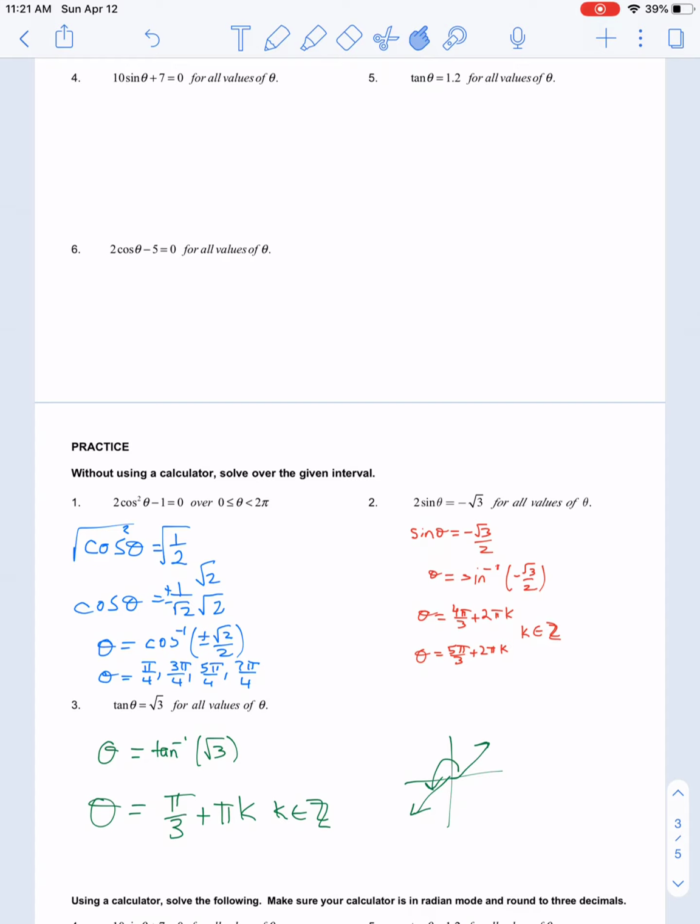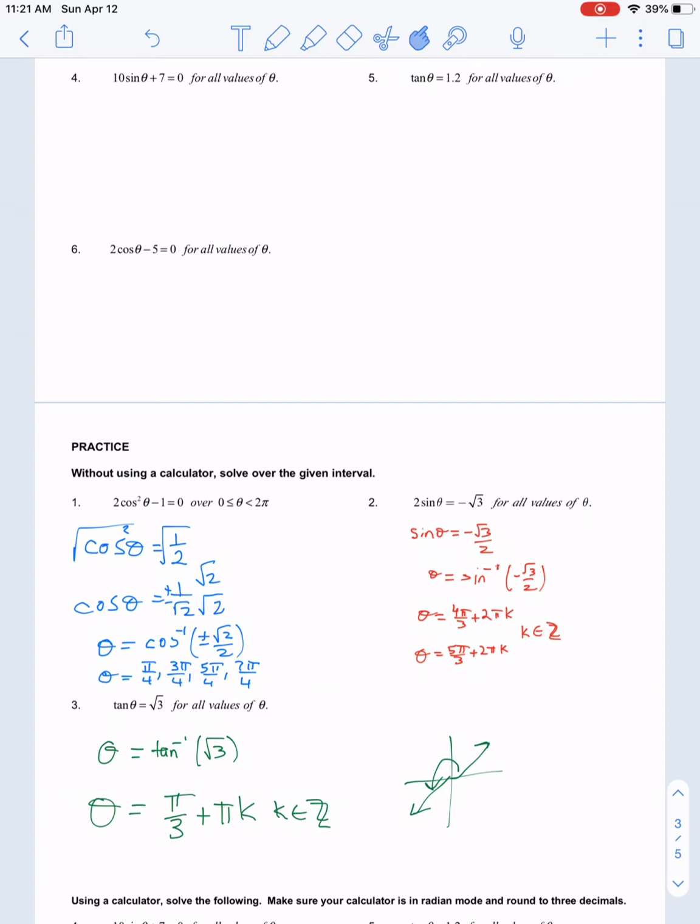In problem 1, something to remember, that's a squared value, so when I take the square root of each side, I do have to account for the positive and negative. So I wrote down all angles, or when I'm solving, that have a cosine of root 2 over 2, both positive and negative, and I'm only looking for angles between 0 and 2 pi. So we've got pi over 4, 3 pi over 4, 5 pi over 4, 7 pi over 4.